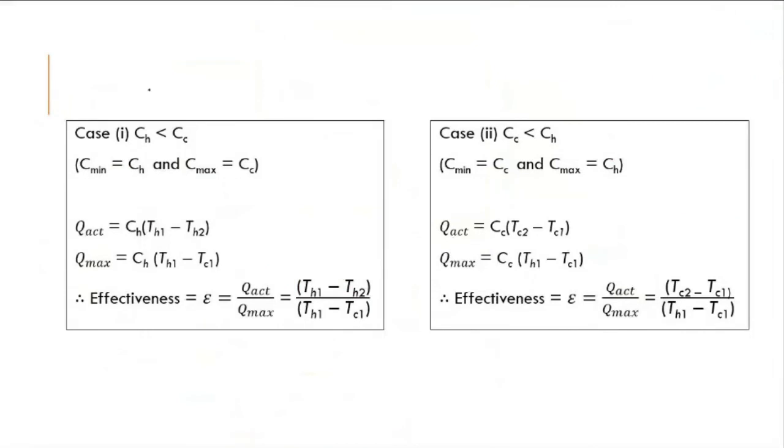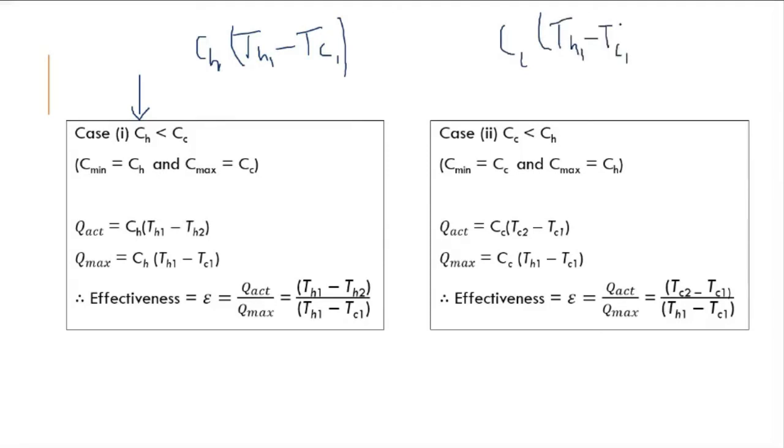Same thing has been put here. So if CH value is lower, tell me which value will be lower. We have CH times TH1 minus TC1, and the other one is CC times TH1 minus TC1. This first one is representing maximum heat which can be lost by the hot body.